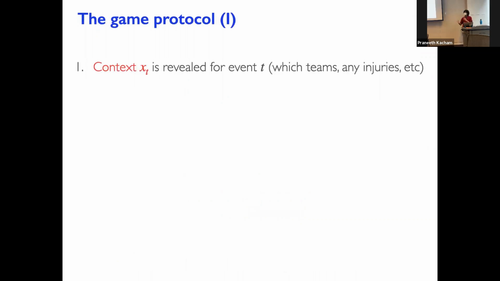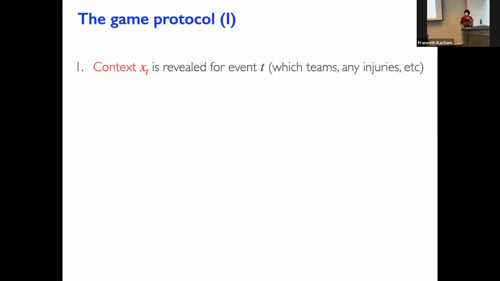Okay, so here's the game protocol to think about. There's a context XT that is revealed for event T. You can think about this as which teams are playing, any injuries. It's just some arbitrary context, it doesn't really matter.